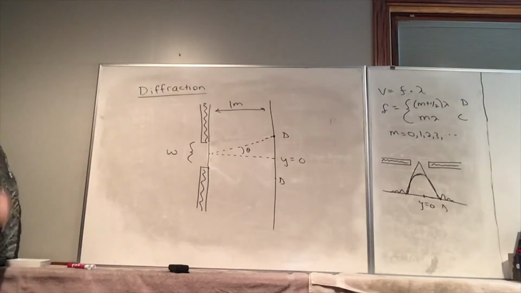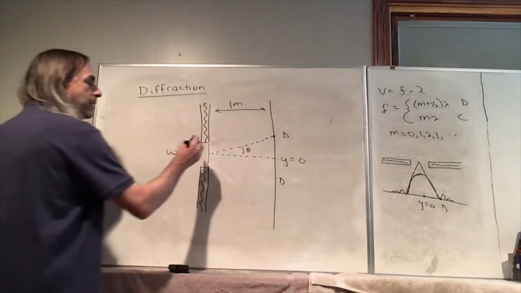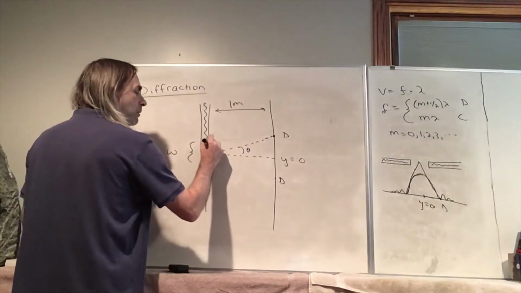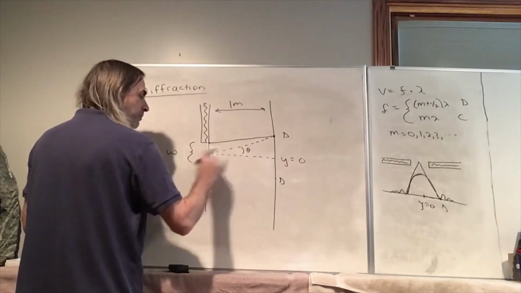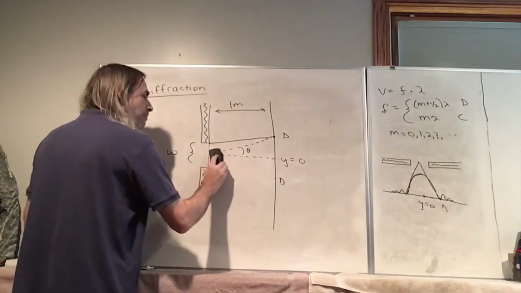So how are we going to do that? We're going to use Huygens principle. So what we're going to do is look at and draw these two. Let me erase this in the middle.